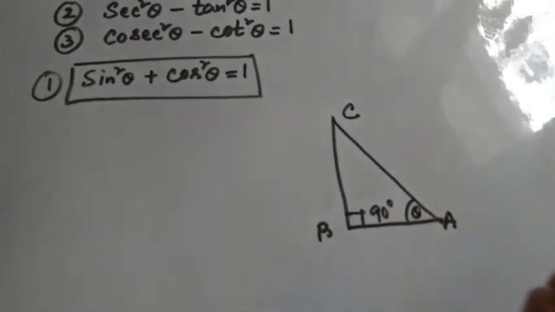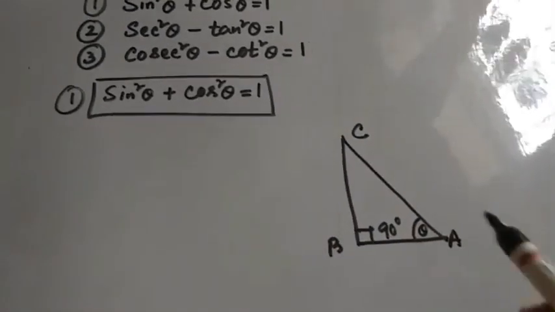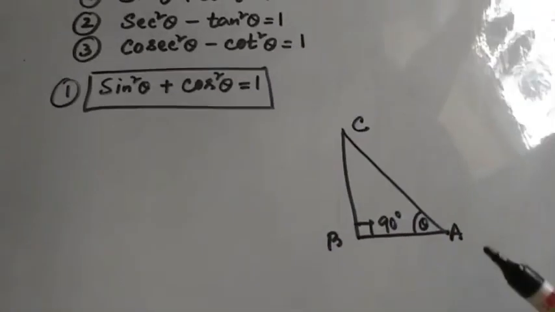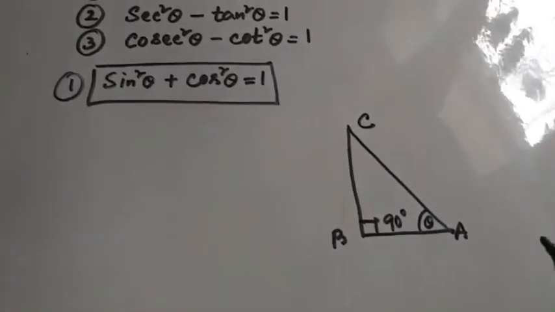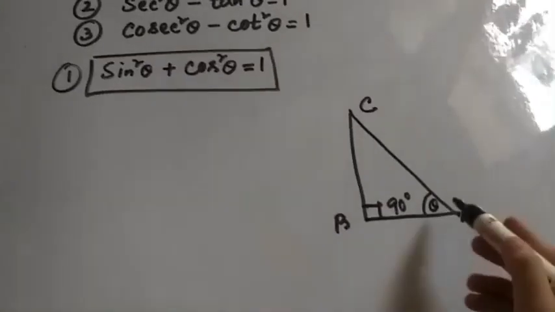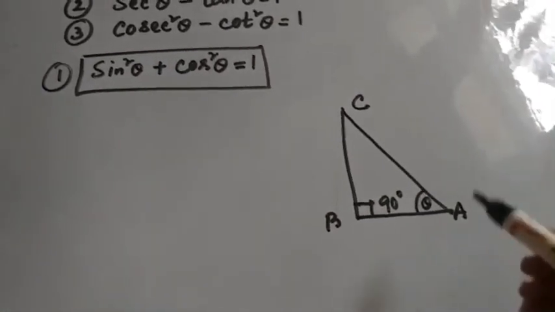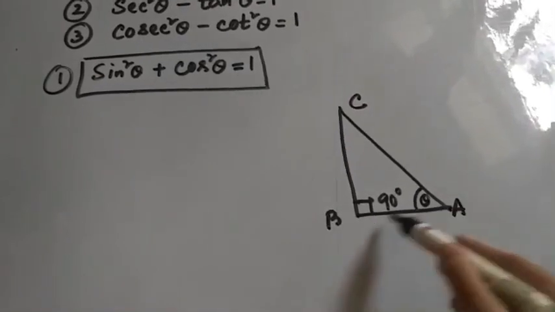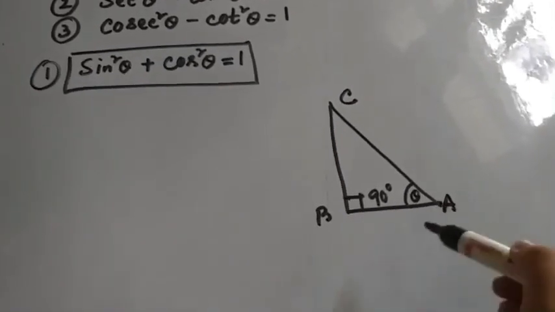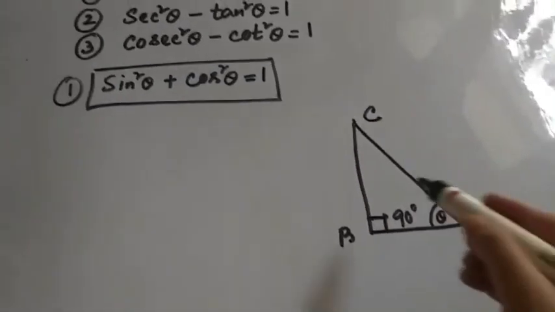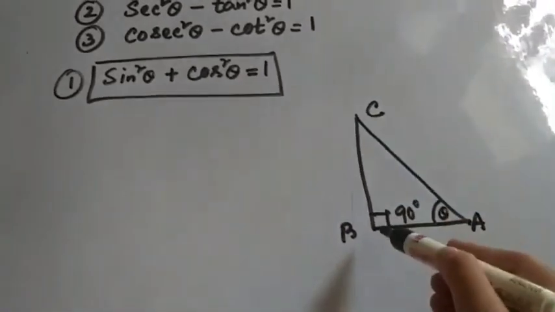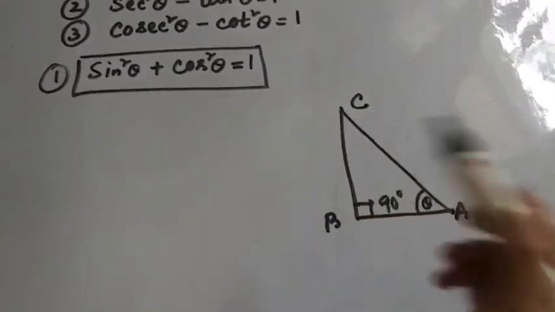If you want to choose angle C as theta, you can choose. According to that, the perpendicular and base will change. You have to remember that. According to my angle, if this angle is theta, this side will be the base, that means the adjacent side of angle theta, and this side, the perpendicular, will be the opposite side of angle theta.